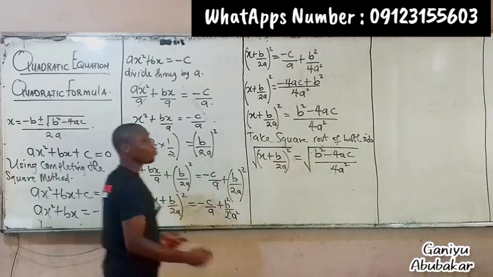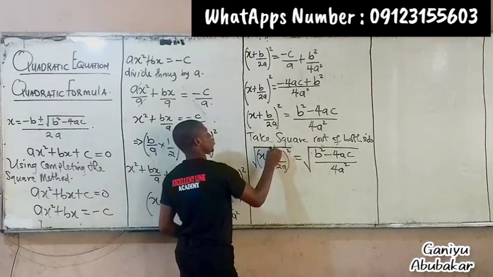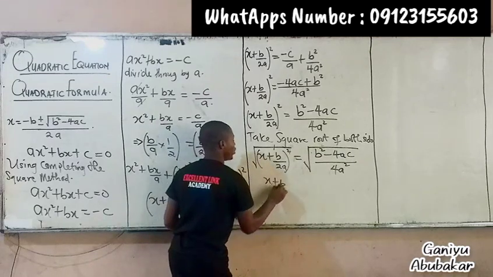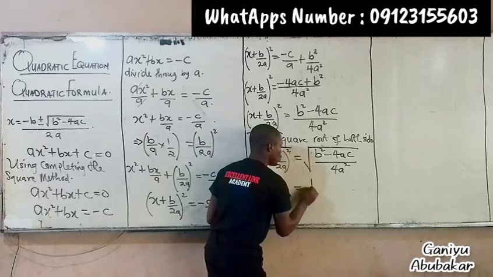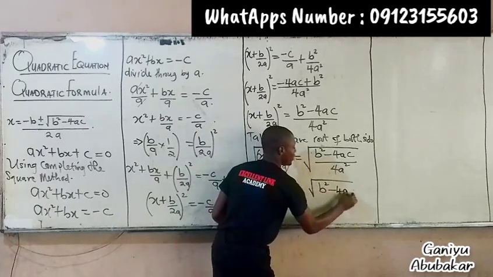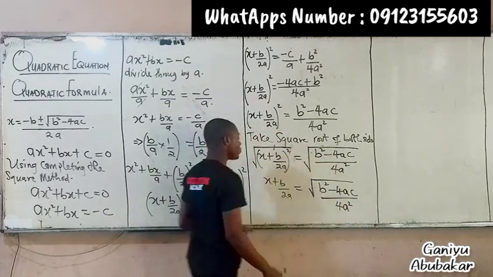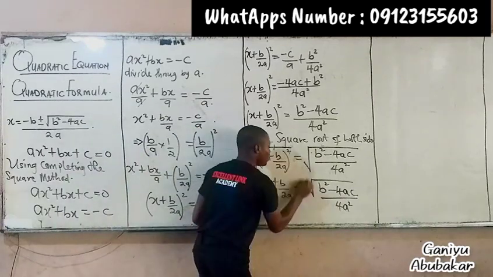Alright, at this point, what do I do? Of course, we know that in mathematics, square cancels out square roots. Of course, I'm left with what? x plus b all over 2a is now equal in value to a square root of b squared minus 4ac all over 4a squared. Alright, of course, I will add plus or minus here.